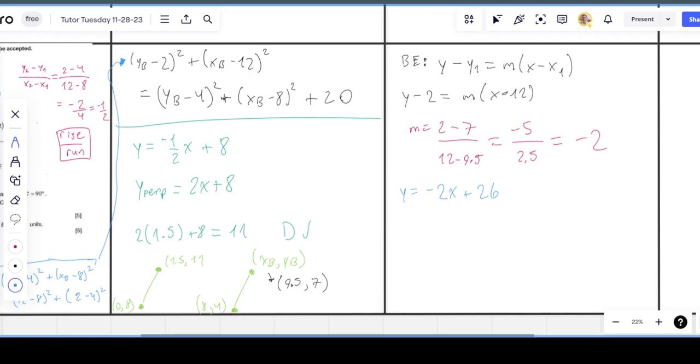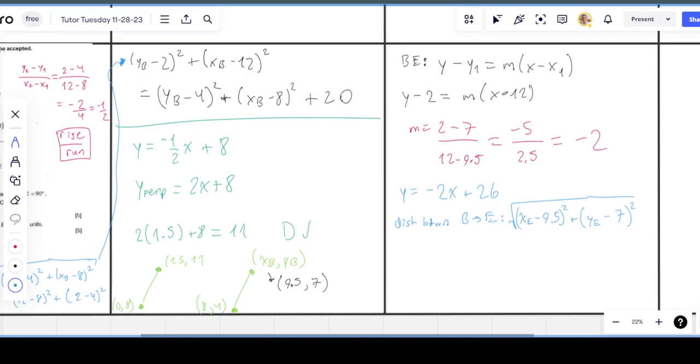What I can do here is take the distance between B to E, which is going to be the square root of, let's call it x sub E minus the coordinate B was at, 9.5, squared, and then the y coordinate of E minus 7 squared.